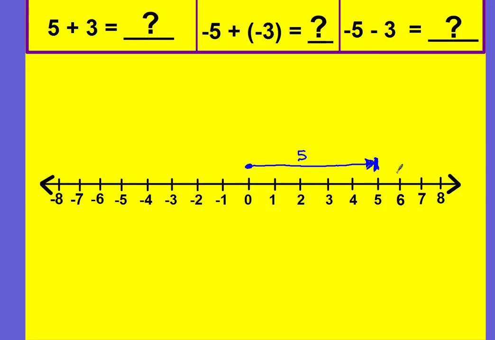But since we're going to the right 3 units, we can continue on the same line. So 3 units would mean that I would stop right here because I would move 1, 2, 3 units. So let me draw my line, my arrow. Let me number this. This was the +3. And where I stopped at was at a +8. So 5 plus 3 equals 8.